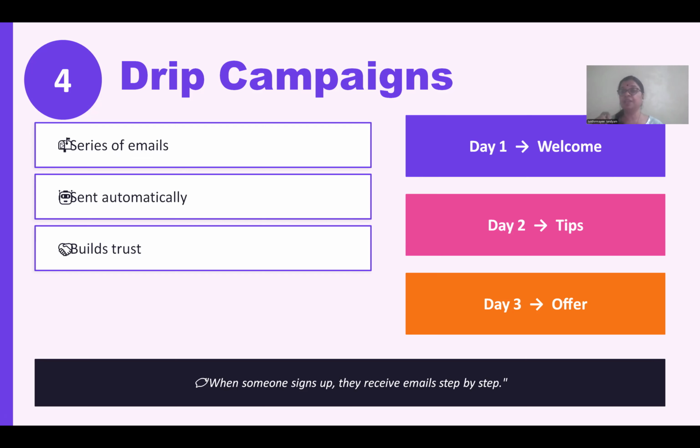First we send the welcome email, then newsletter emails like tips and useful information. Then later we can send offers. If he purchases after seeing those offers, he will become our customer. So these are drip campaigns. When someone signs up, they receive emails step by step, a series of emails. These are the drip emails.